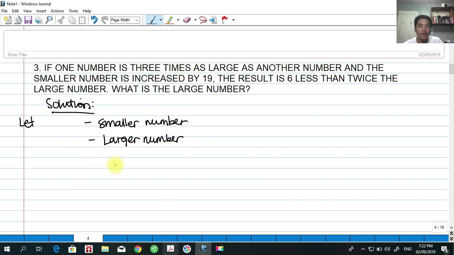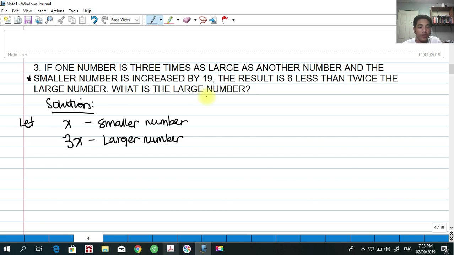So it means that there is a number, and that smaller number we can represent as x. The condition is that this larger number is 3 times the smaller number, because it says if one number is 3 times as large as another number, which is x, so 3x. Then the smaller number is increased by 19.